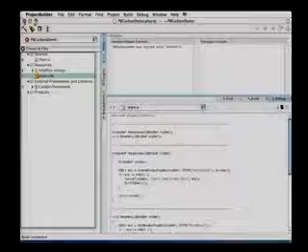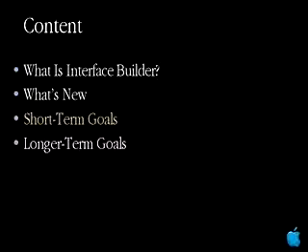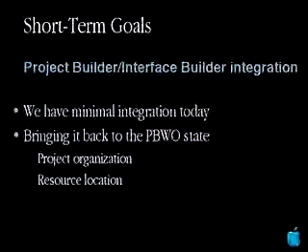And back to Henri. So let's talk about what we are doing right now. I mean, what's going to be in the next release of Interface Builder, or short-term goals. One of the biggest things we have to do is integrate with Project Builder. We used to have a very good integration with what we call now Project Builder, or Woo, and we want to bring back this integration with Project Builder.